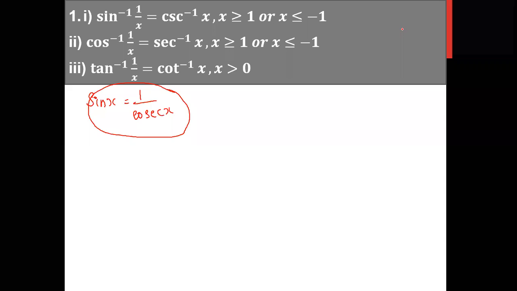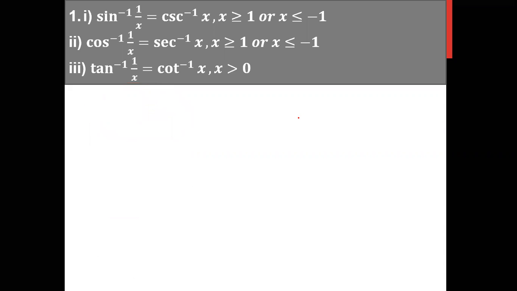Similar to the reciprocal of direct functions, inverse functions also have reciprocals. So what kind of reciprocals do we have? We'll check that today. When we talk about the direct function, we write the reciprocal of sin x as 1 by cosecant x.